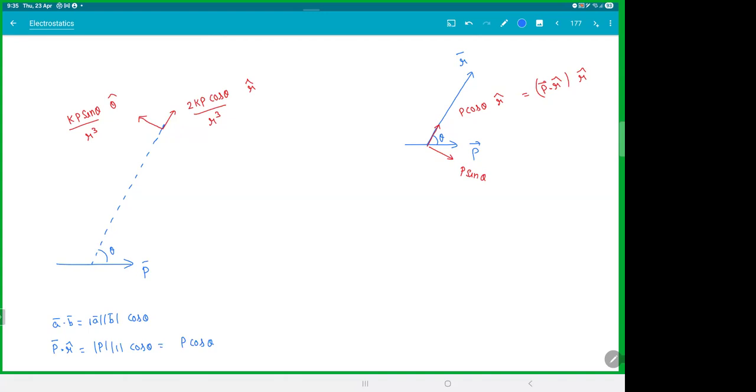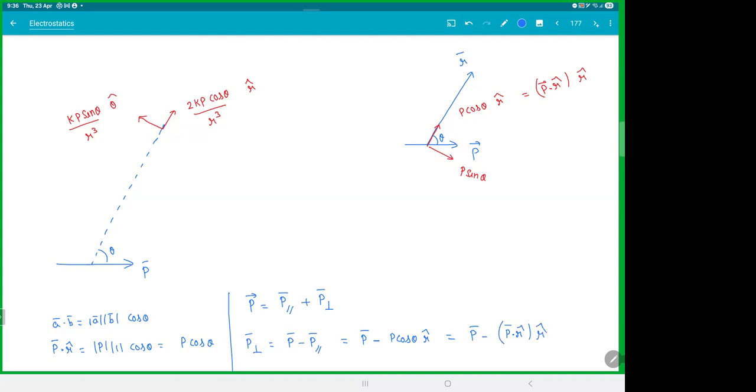That was 1. Similarly, if you remember, a vector p bar can be written as p parallel vector plus p perpendicular vector. The p perpendicular can be written as p bar minus p parallel. But we know the parallel vector is nothing but p cos theta r cap, that is p bar dot r cap into r cap.